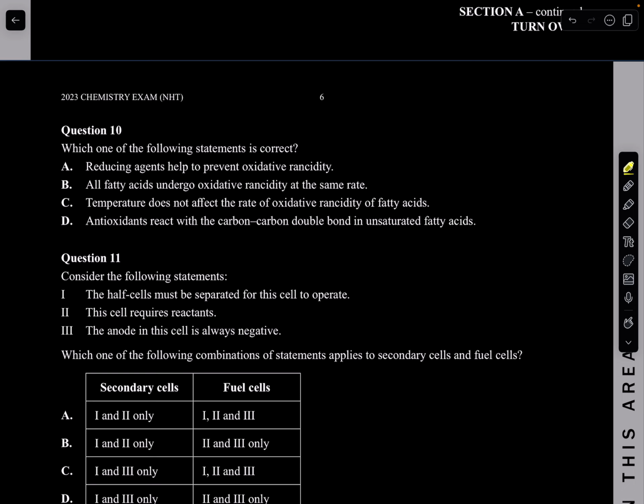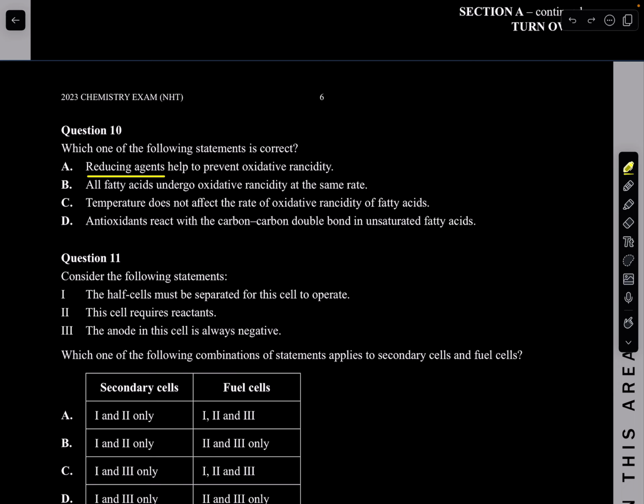So let's think about it. Remember, the reducing agent is the one that's going to be oxidized. True, that actually makes sense, because oxidative rancidity is when oxidation occurs. The reaction is oxidizing when oxygen reacts with the double bond and forms those ketones.